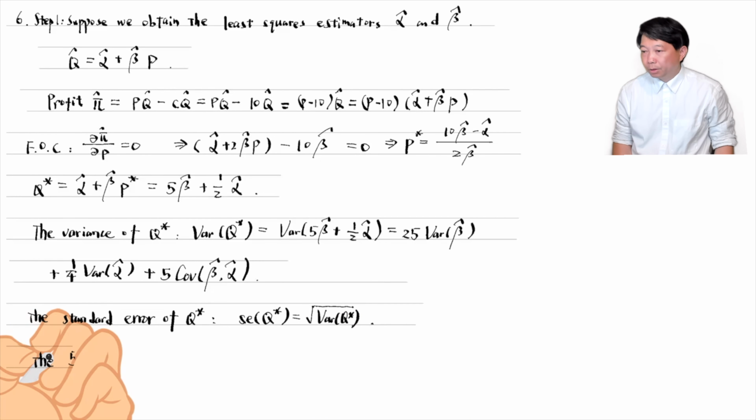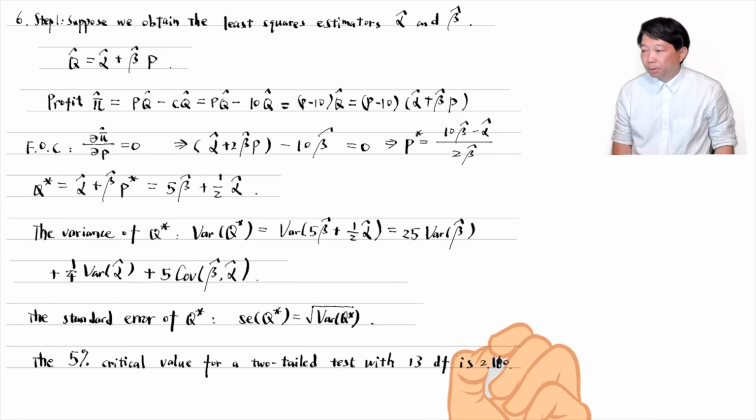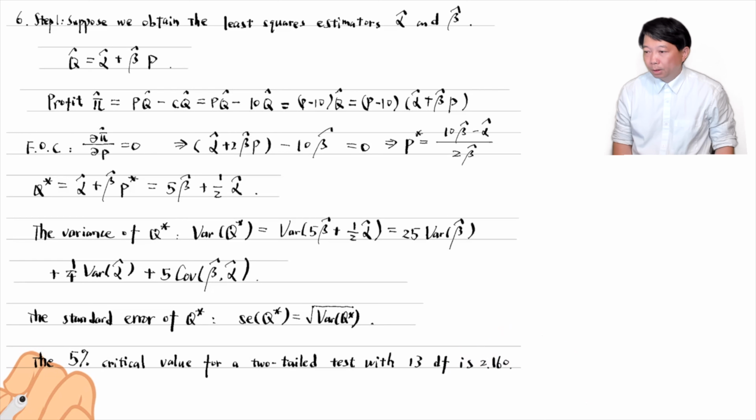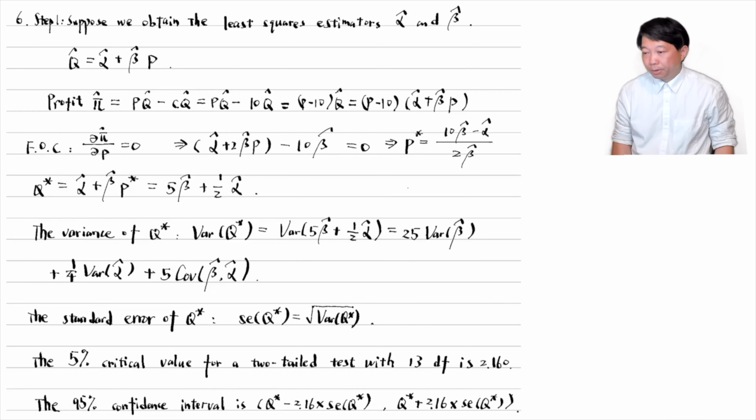Finally, we can read the two-sided 5% critical value with 13 degrees of freedom in the t-statistics table, 2.16, and then construct the 95% confidence interval. So we need to estimate the alpha and beta using the least squares method.